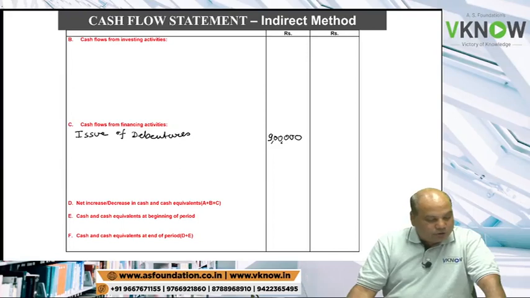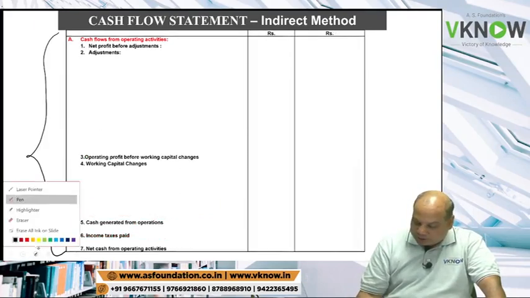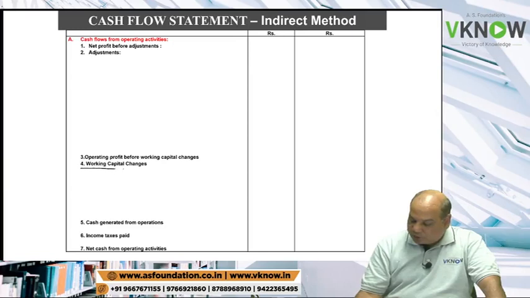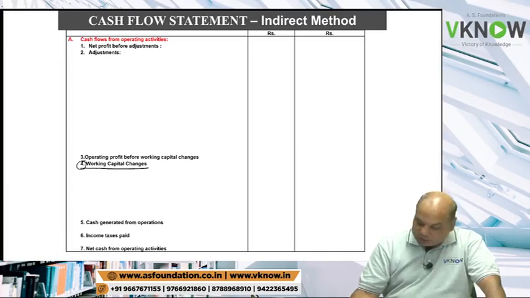Right. Next line, current liabilities. Creditors. Under current liabilities, creditor will come in operating activities, point number 4, working capital changes. 8,80,000 minus 8,20,000. So there is a decrease in creditor.